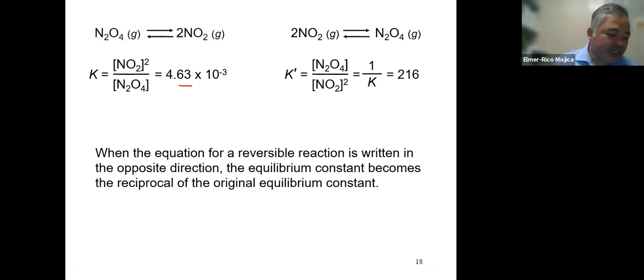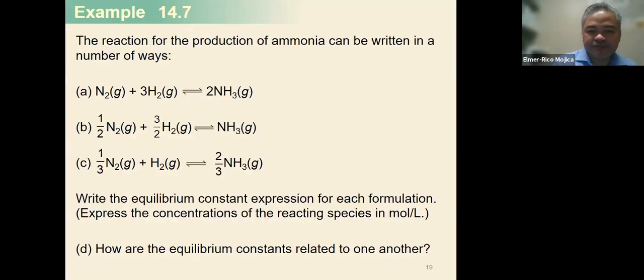Let's try to apply them here. The reaction for the production of ammonia can be written in a number of ways, so we can label them A, B, and C. You are asked to write the equilibrium expression for each formulation, expressing the concentrations of the reacting species in moles per liter. How are we going to write the first one?